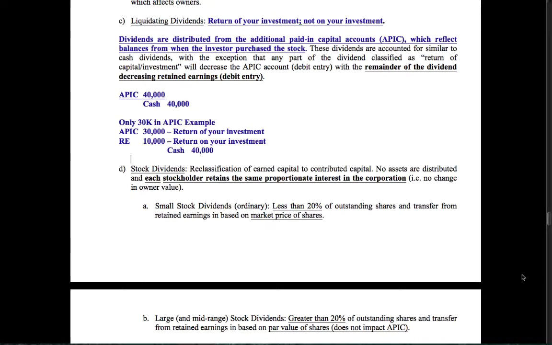So what stock dividends do is take part of that retained earnings, the earned capital, and transfer it to the contributed capital accounts.